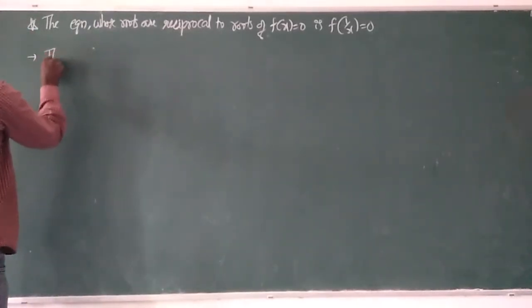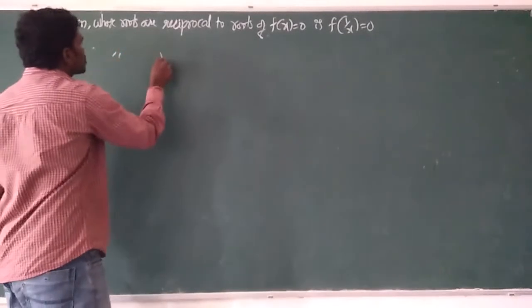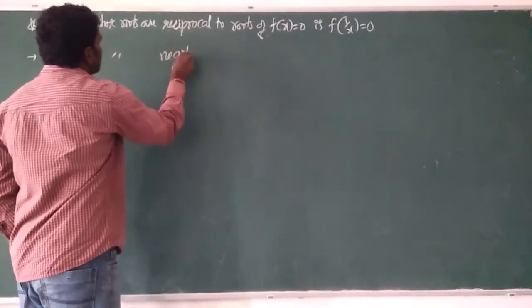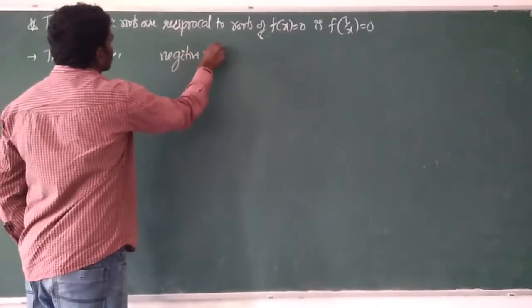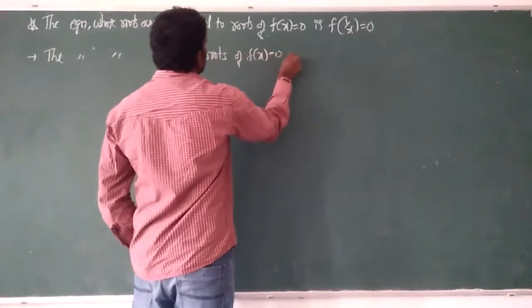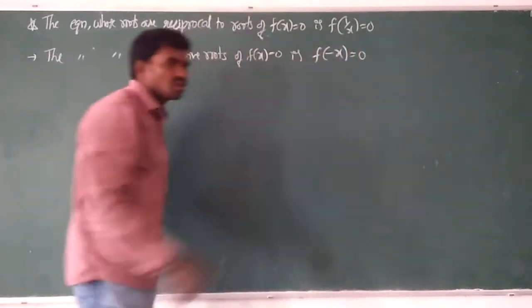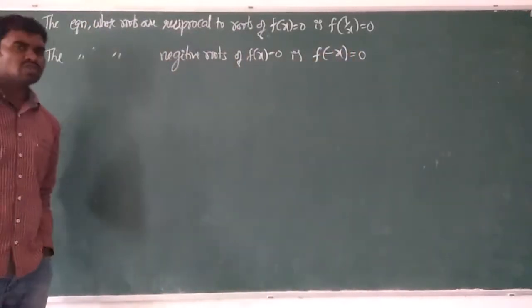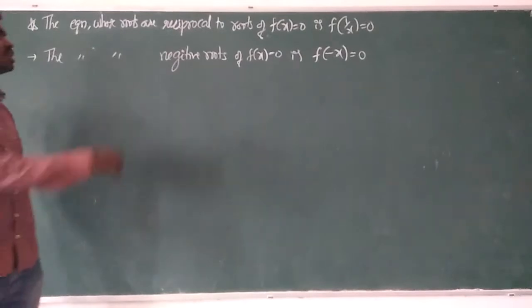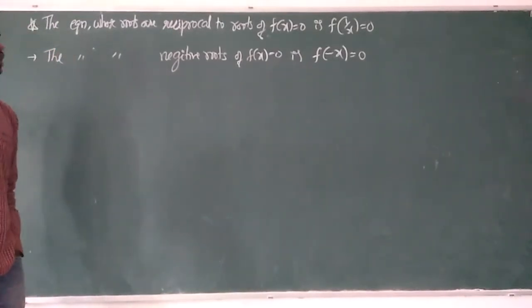Next, the second condition: the equation whose roots are the negatives of the roots of f of x is equal to 0 is f of minus x is equal to 0. Note down these one by one. How to use these formulas in the problems, I will tell you.